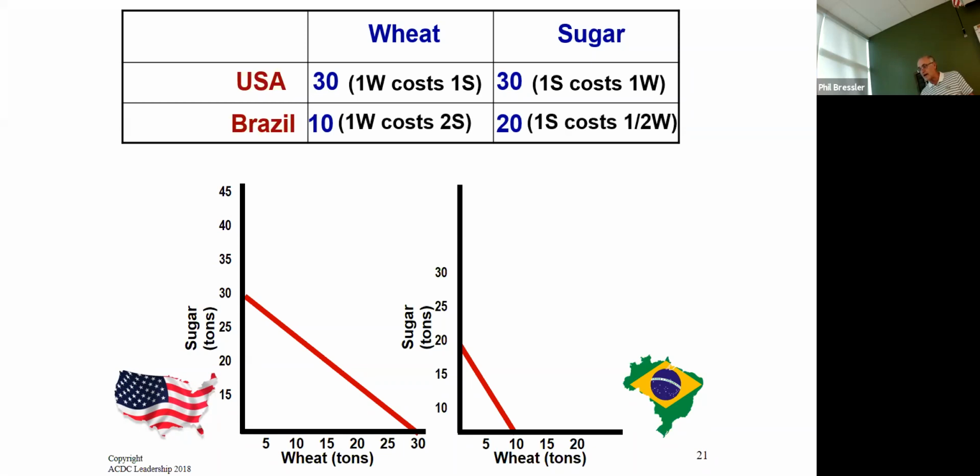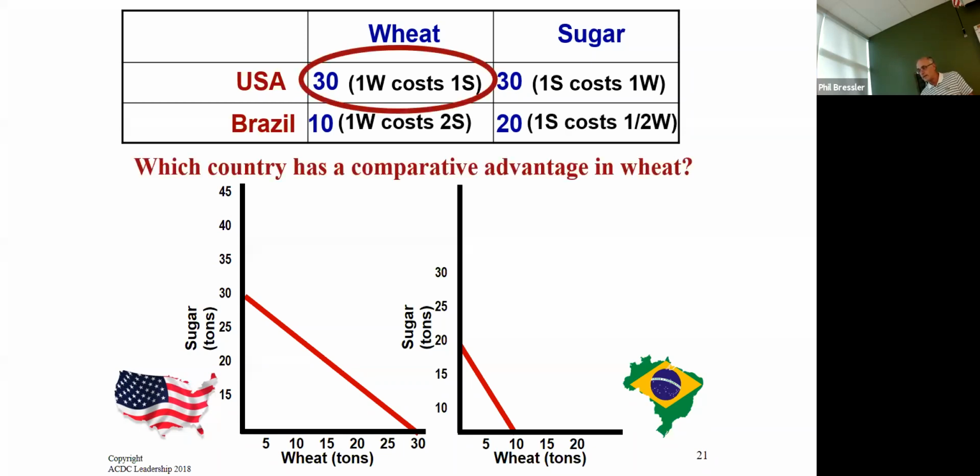Any questions on that? Now remember, for input, like if it said how many hours for a bushel of wheat, input is IOU: input, other, under.